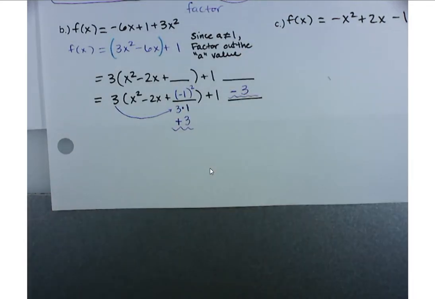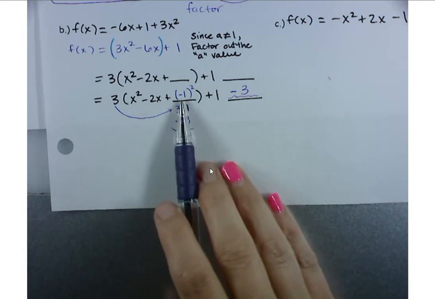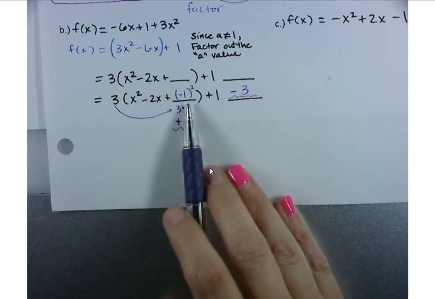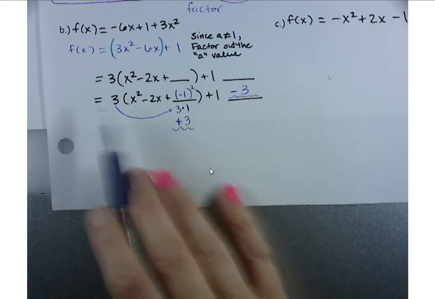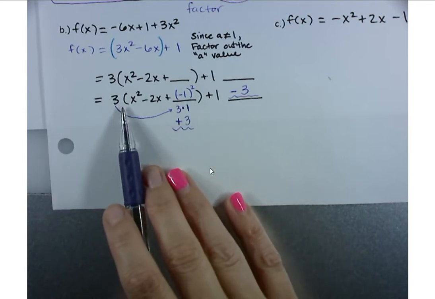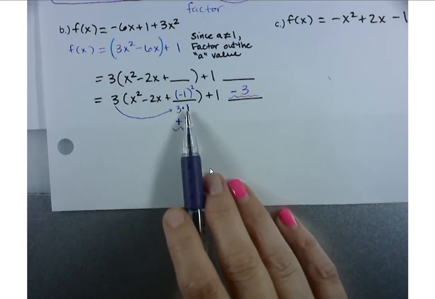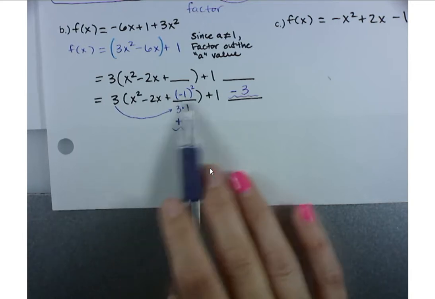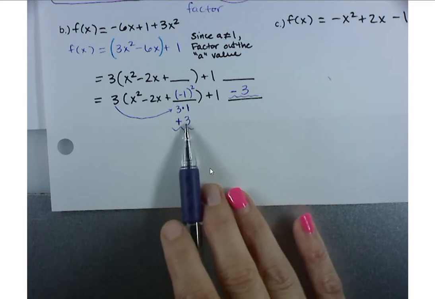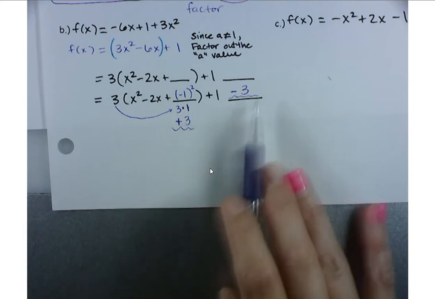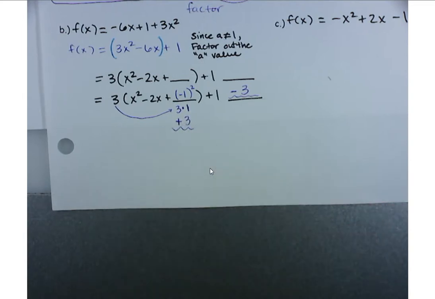I'll say that one more time. Once you complete the square here, this is going to be a 1, but because we factored out the 3 from this trinomial, we have to distribute the 3 to that value. So 3 times our value here, which is 1, is going to be 3. If I'm adding 3 here, then I have to subtract 3.